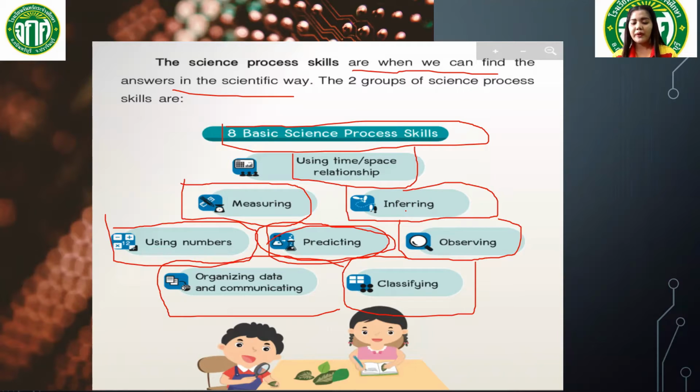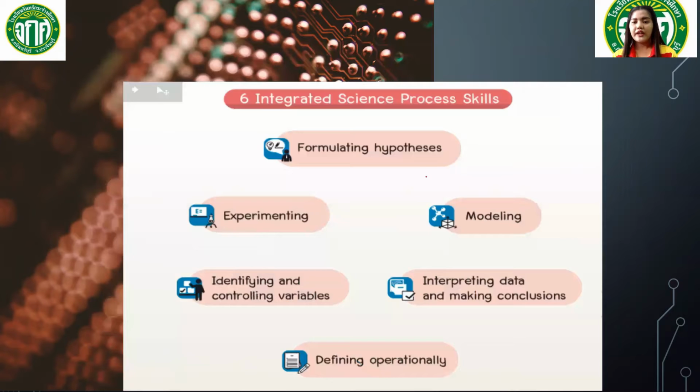So how about the second group? There are 6 integrated science process skills. So this is the second group. The first one is formulating hypotheses.